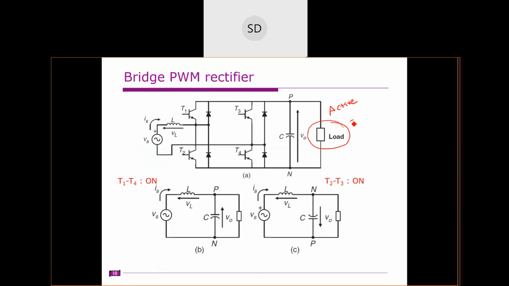For example, if you connect a DC machine here, the DC machine must operate as a DC generator. Then only the power is fed back to the source, right? So for example, if you want that, it must act as a DC generator.